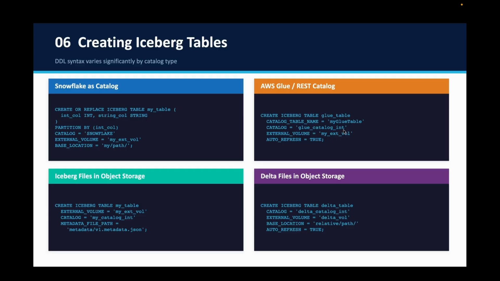So it refers back to the catalog integration. If we mention it as a REST catalog, it refers to the REST endpoints, and then we also give the external volume, which is the external volume created at the account level, and set auto refresh equals true.